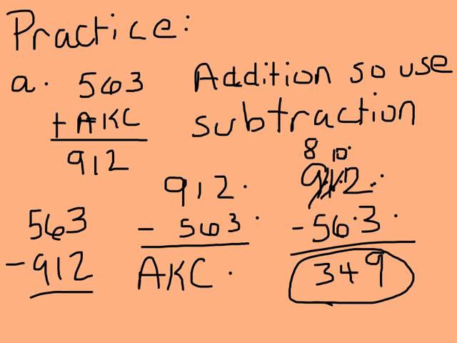So we're going to come over to the 9 and take 1 away from that, making it 8. And when we bring that over here, that's going to make it add to that 0, and it's going to be a 10. So what we really have is 12 minus 3, and 10 minus 6, and 8 minus 5, for a total of 349.